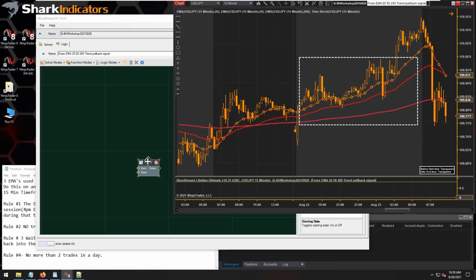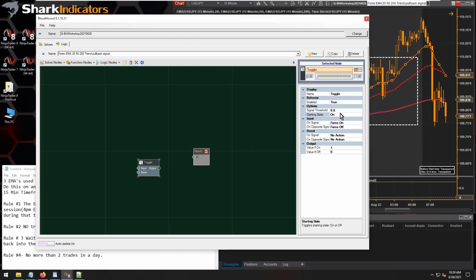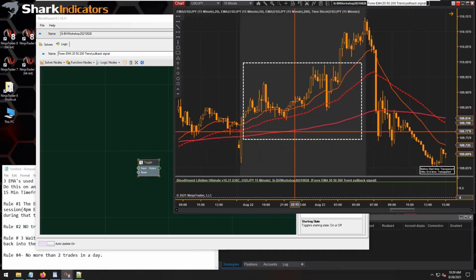With this toggle node on, we're saying it's okay to trade, but if there is a crossover, we're going to use those crossover conditions to turn the toggle node off. And if there are no crossovers, then it will be okay to generate a trade signal here.